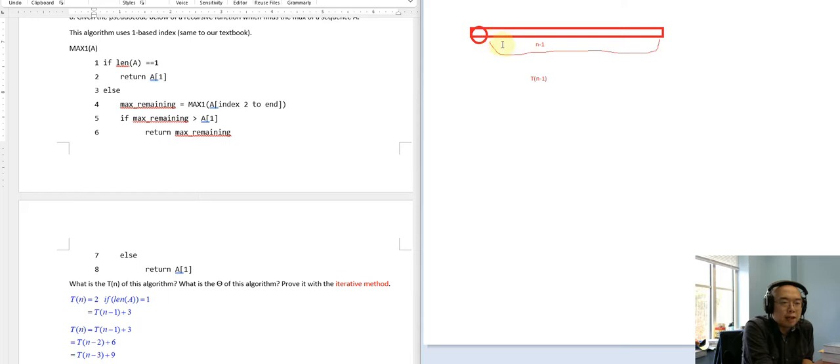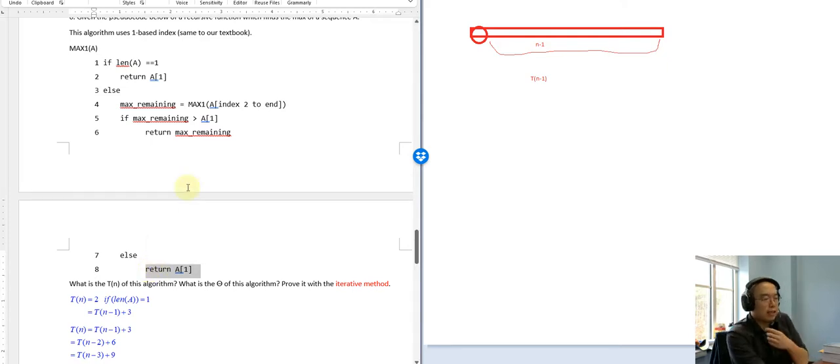So for the max on the remaining part, is it larger than the first value? If it's larger, I'm going to return the max of the n-1 values. Otherwise, I'm returning the first value. So if we count the recursive definition of the Tn, when we are not at the base case, this is the one line we want to execute, and this is one line.